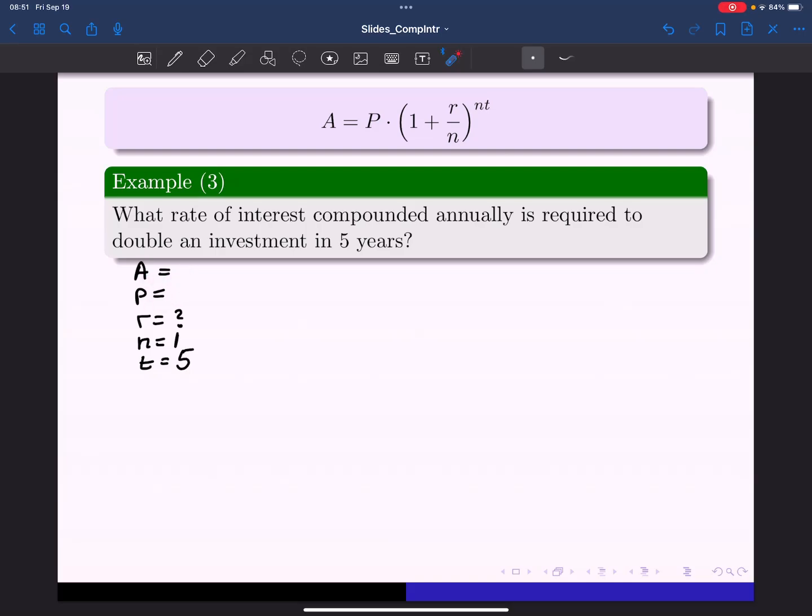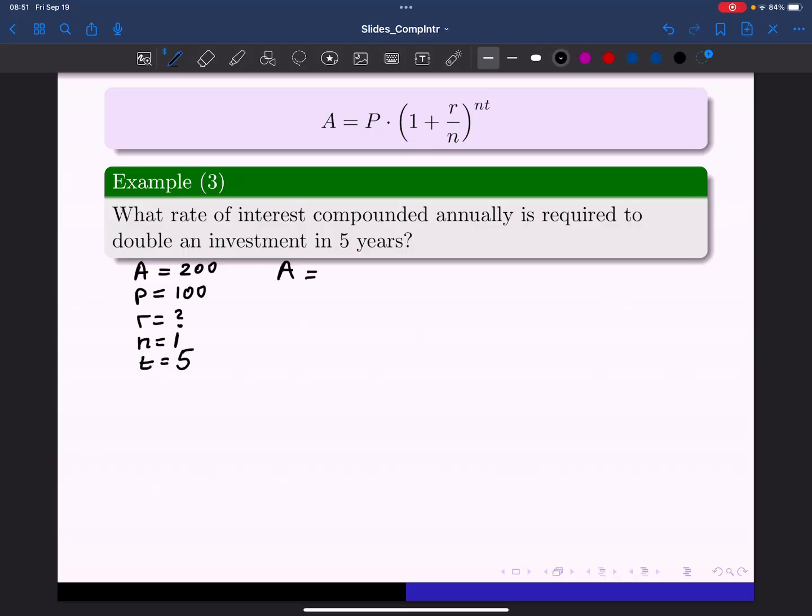And it doesn't matter which value you choose, as long as you double, later you would have exactly the same answer. So let's choose 100 for investment, and double it would be 200.